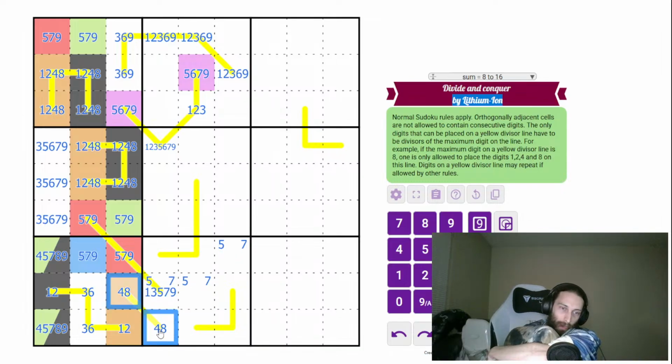If this was a 4-8 pair, that would be a 1, giving us a 5-7 pair, making that 4 or 8.